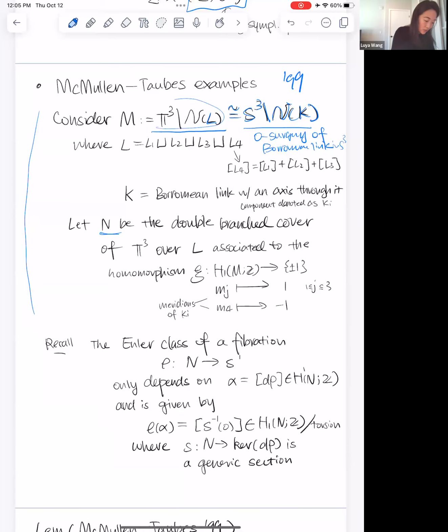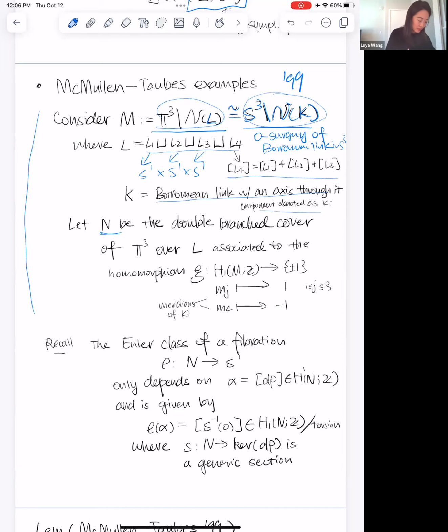So you can see that these two are, let me say, homeomorphic, where L is the 3 S1 factors, the geodesics of the 3 factors, and then L4 is just any representative that lies in this class, and K is a Borromean ring.